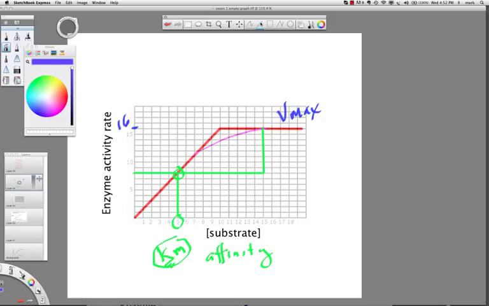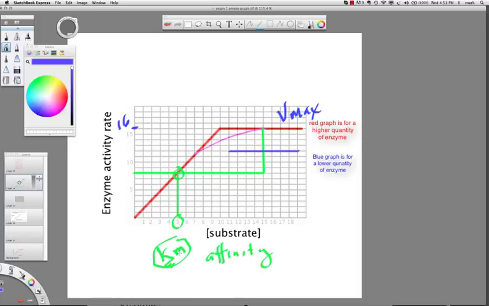I think that if you put it in terms of machines, if I have fewer machines stapling pieces of paper together, then given the same amount of time, fewer pieces of paper are going to be stapled together. Vmax is not really an intrinsic property of the enzyme. Vmax, remember, is for a given quantity of enzyme, all right? So if you reduce the quantity of enzyme, you reduce the Vmax.